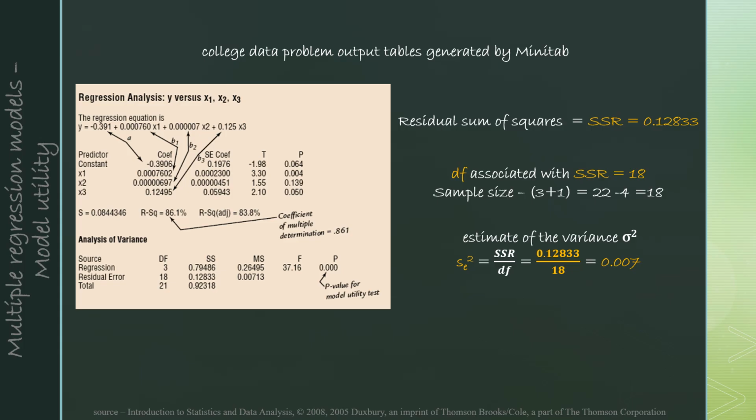Therefore, estimate of the variance sigma square, SE square, equals SSR divided by DF equals 0.12833 divided by 18 equals 0.007. Estimate of the standard deviation sigma, SE, equals square root of SE square equals square root of 0.007, which equals 0.0844346.